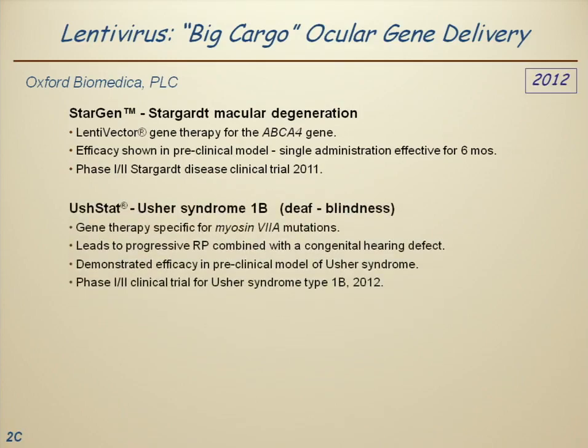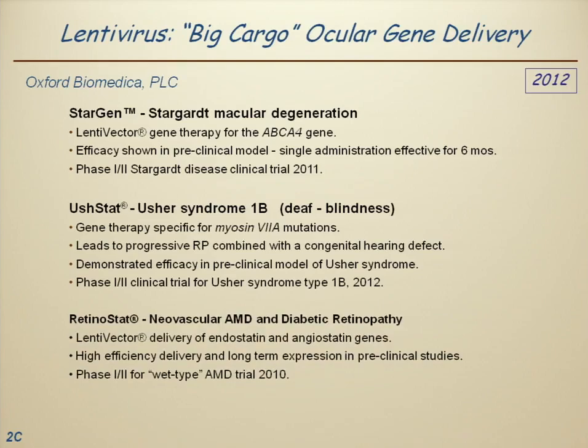Here's another one, Usher syndrome. Children born deaf and rapidly going blind, such that by age 20 they really have negligible residual vision. Also a big gene. They have a trial going on for Usher syndrome. And these are direct gene therapy, these two trials.